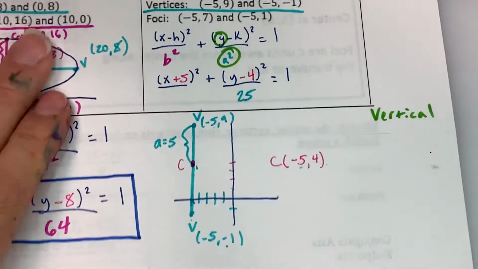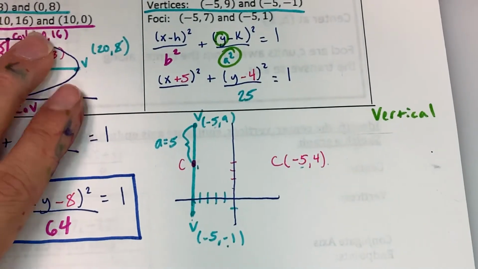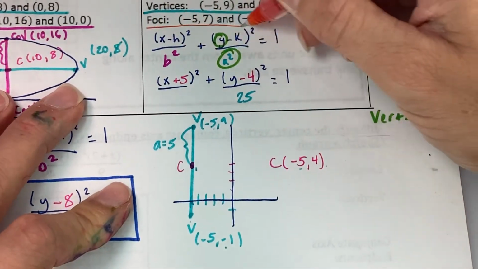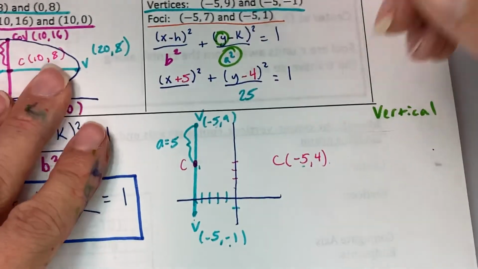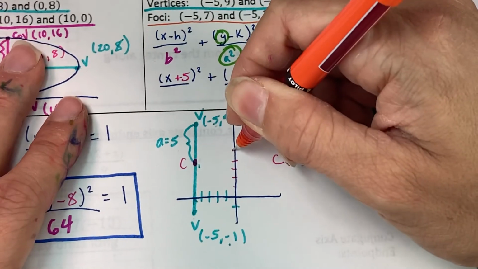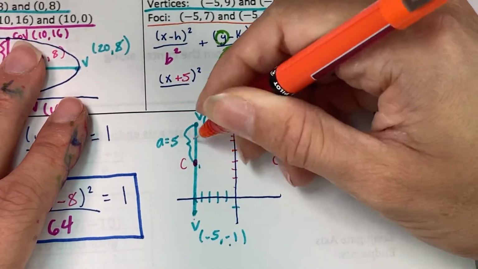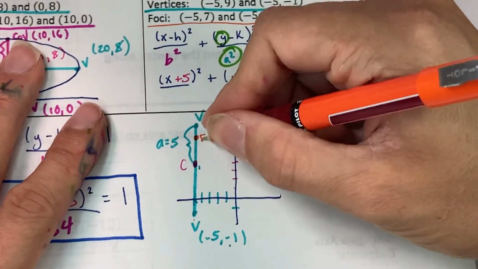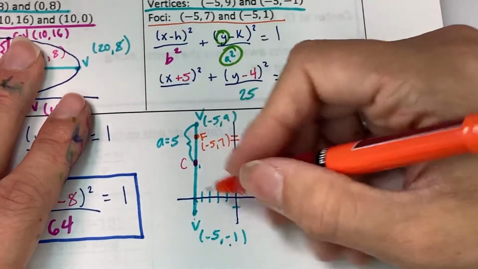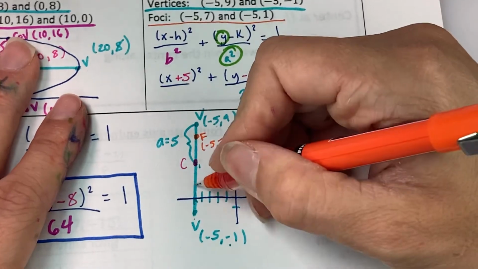Now, the scuzzy thing about this problem is we aren't given the co-vertices, we are given the foci. So if I plot the foci, (-5, 7), so here-ish, there's a focus at (-5, 7). And here's the other focus at (-5, 1).